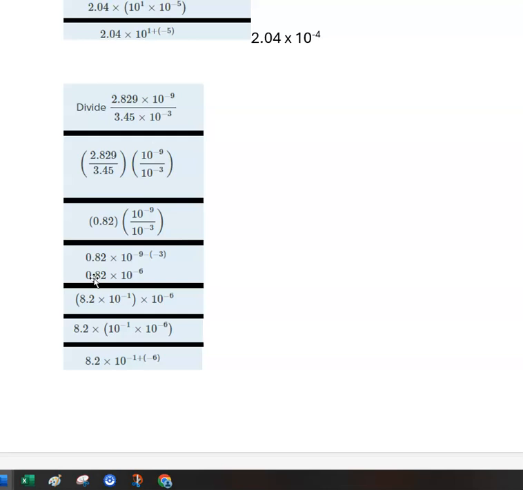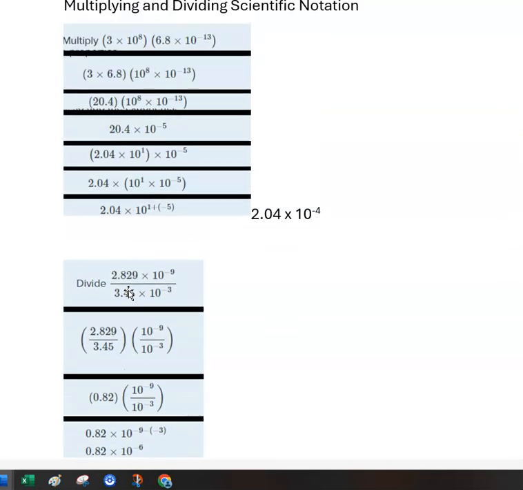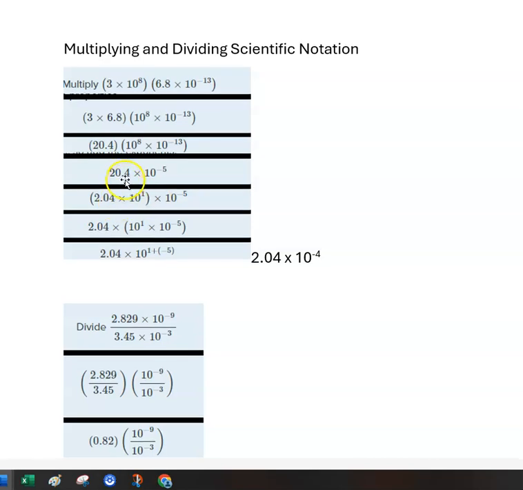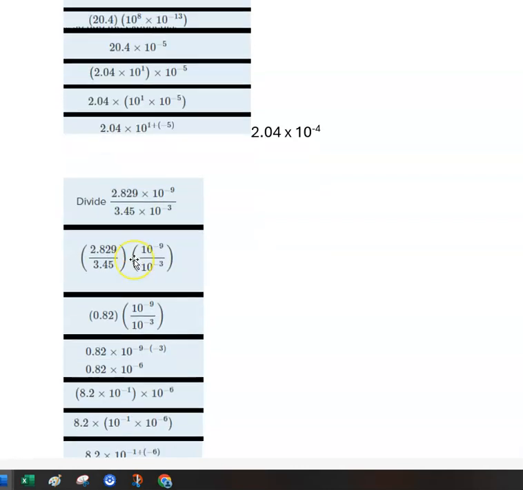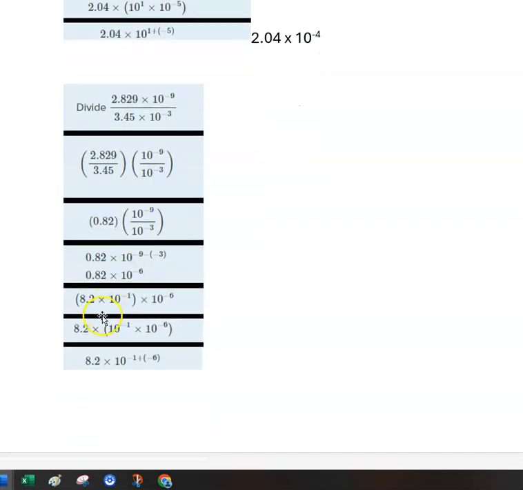So I move it to the right one spot, so that becomes a negative 1. Now up here, I moved it to the left one spot and it was a positive number. So here on the division, I'm moving it to the right one spot, and it's a negative.